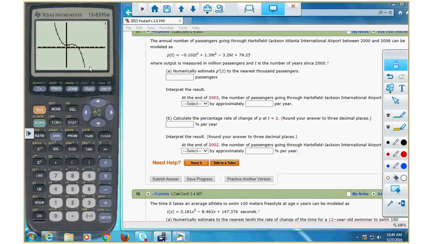There it is. So you could actually do a trace and graphically find the value at 2. Well, that's about as close as you're going to get right there. So you can do that on here and finish it out and then interpret.